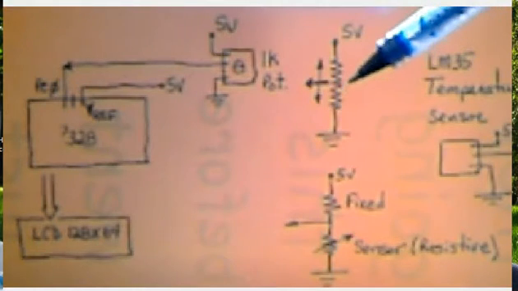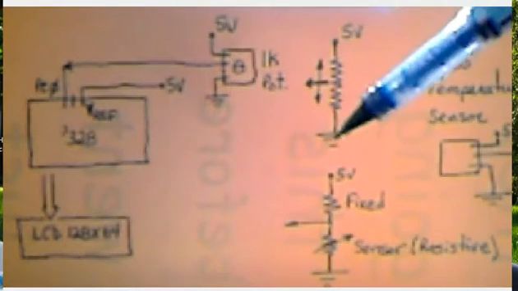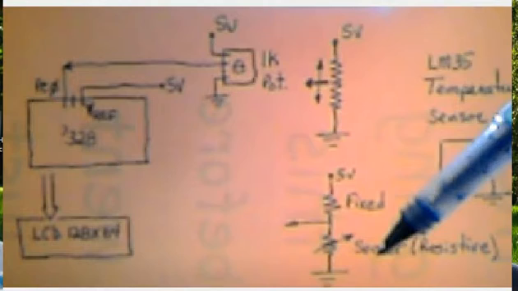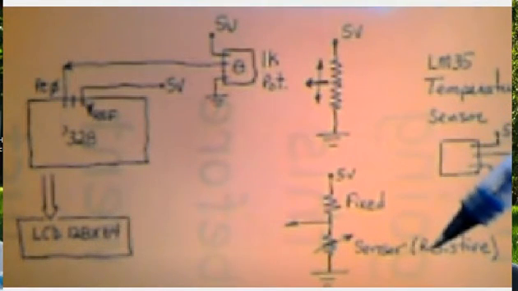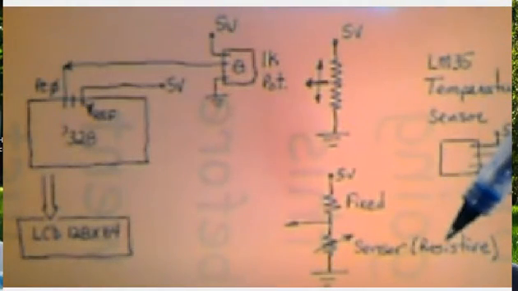Another way to construct this sort of sensor is in the picture shown below. For example, if you have a sensor that is resistive, in other words, as the temperature changes, the resistance changes. These are called thermal resistors. So again, the resistance is dependent upon the temperature. This has just 2 connections for the thermal resistor. So what you need to do is get another resistor that's fixed, and its value would be the average value of your sensor.